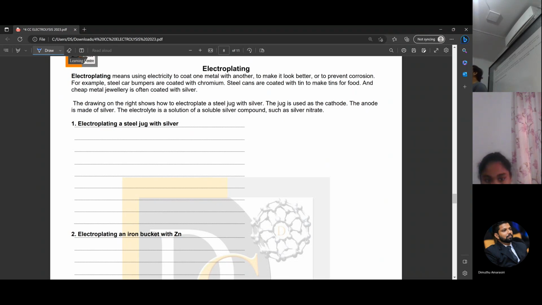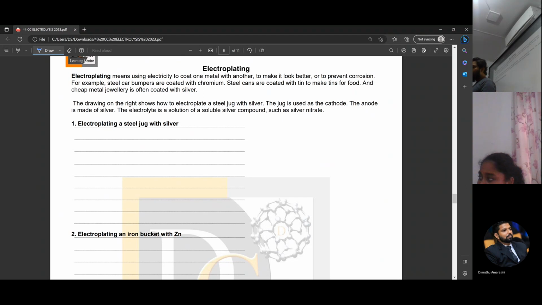So far, what are the things we know, right, as rules in electrolysis? These are the stuff that you should know. Anode, where oxidation happens and anions are trapped. Cathode, cations are trapped, reduction takes place.